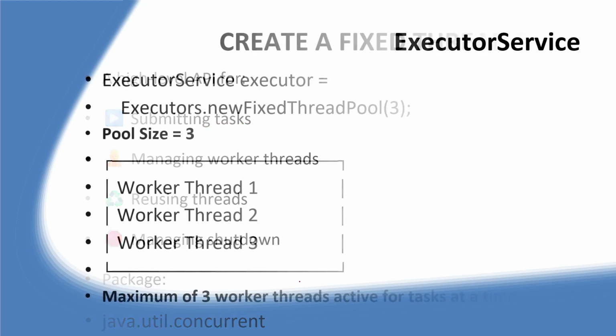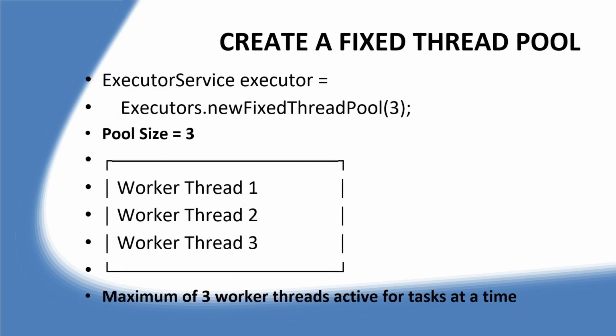So this is a fixed thread pool. One simple way to create a thread pool is using this method, Executors.newFixedThreadPool, and here we are providing the size of the thread pool, how many worker threads will be there in the thread pool. So this is the thread pool. And how many worker threads are we providing here?